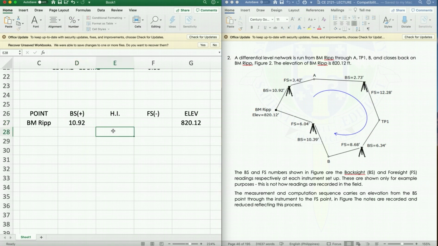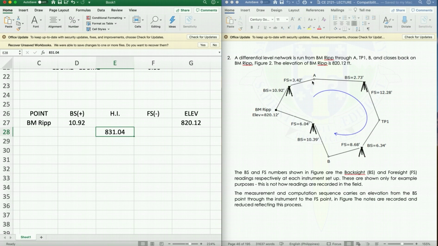Next, here we get the height of the instrument. So the height of the instrument would be 820.12 plus 10.92. So that is 831.04.